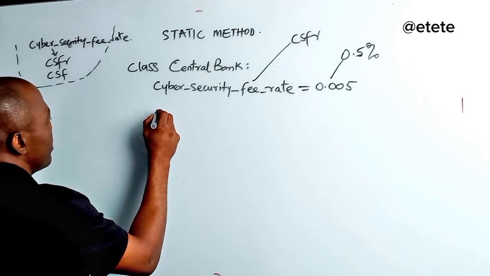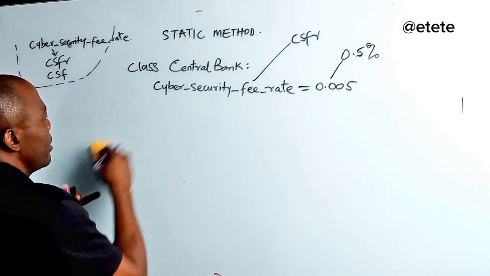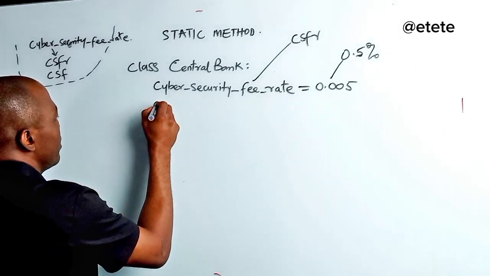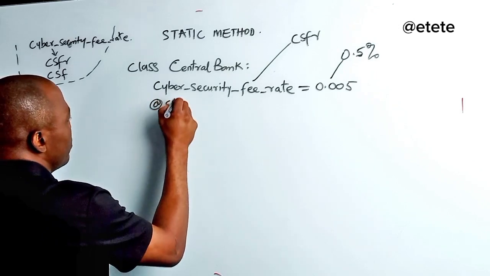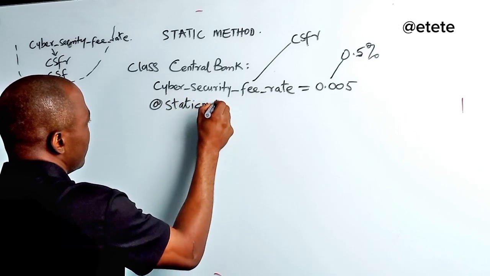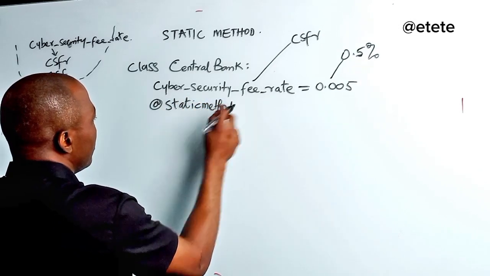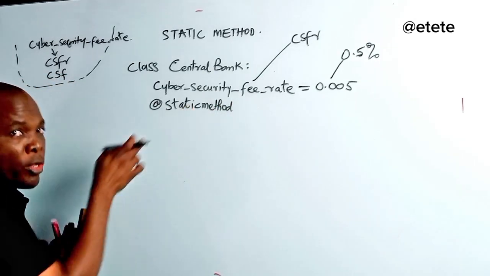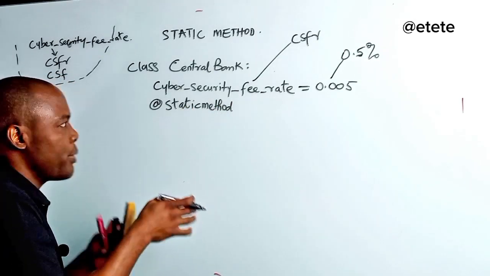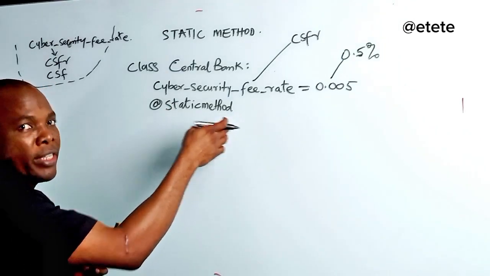Let me bring it very close so that the board will contain it. So I'll use the static method decorator so that my interpreter will know immediately that the next thing I'm going to define is a static method.